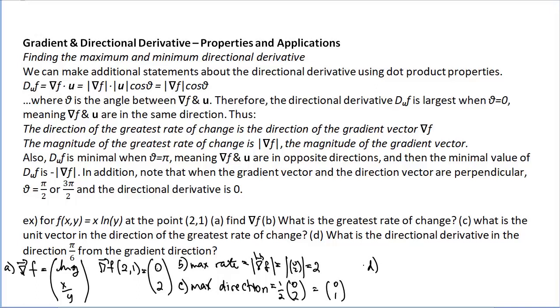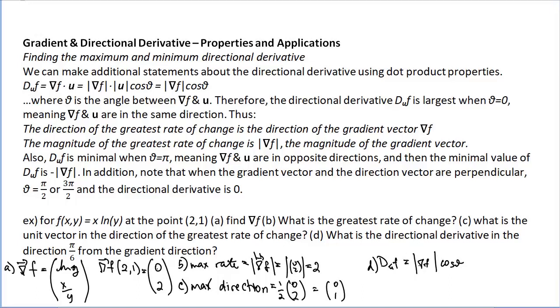So we know that the directional derivative can be written as the magnitude of the gradient times cosine theta, where theta is the angle between the direction and the gradient.